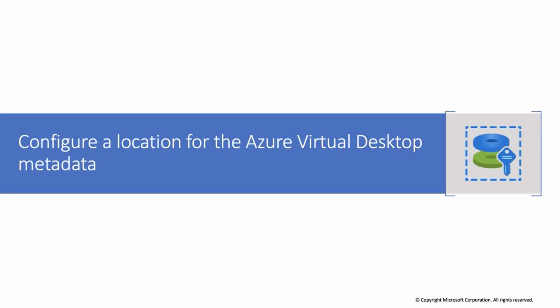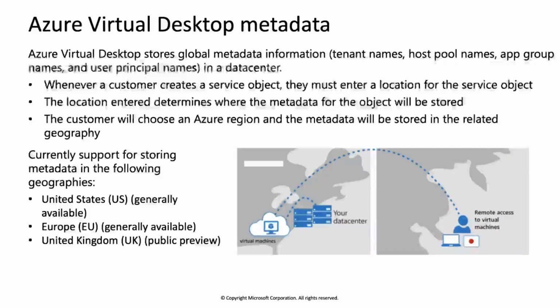In the same way, you're configuring a location for the virtual desktop metadata. When it comes down to the customer, Azure Virtual Desktop stores the global metadata information as well. Where? In the data center. The metadata is nothing but the information containing your tenant names, your host pool names, your app group names, your UPNs, user principal names, everything it can be.